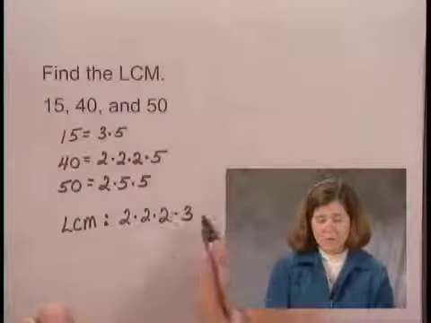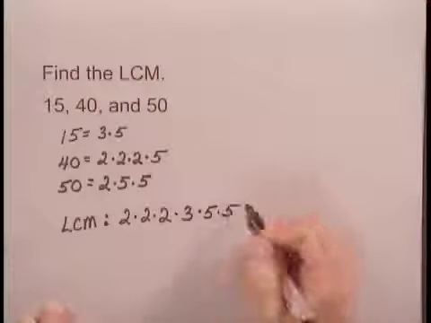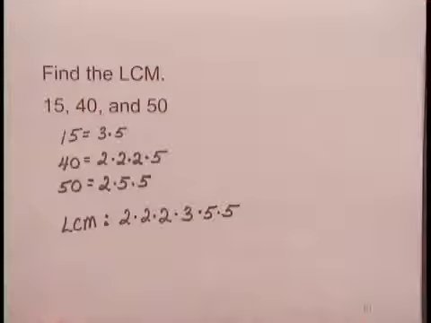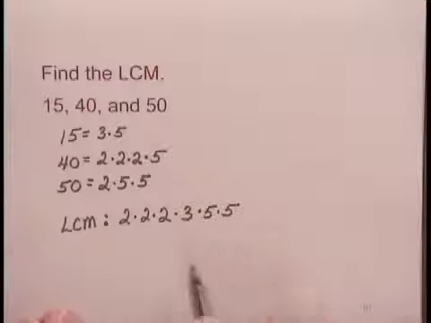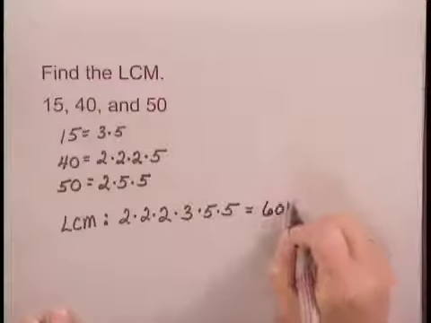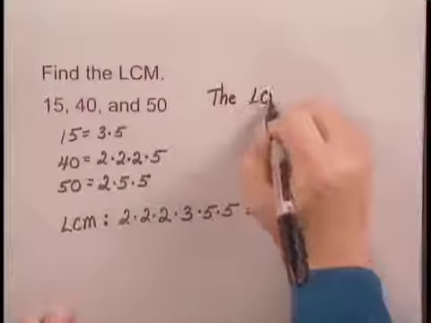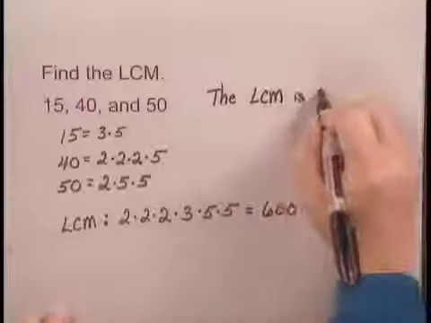So we will need 2 factors of 5 for our least common multiple. We can say that we use each factor the greatest number of times that it occurs in any one factorization. So this is the least common multiple, and if we multiply this out, we get 600. So I can say the LCM is 600.